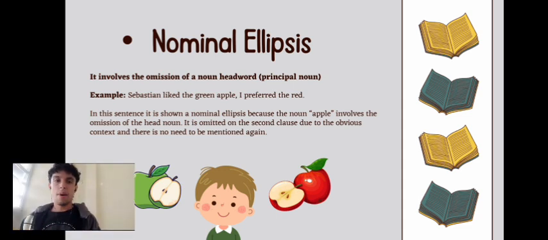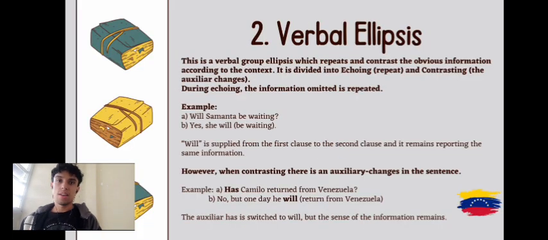Now we are going to talk about another important type of ellipsis that is used in spoken and written speech: the verbal ellipsis, which is used in some contexts to avoid the repetition of certain elements in some clauses and interactions.